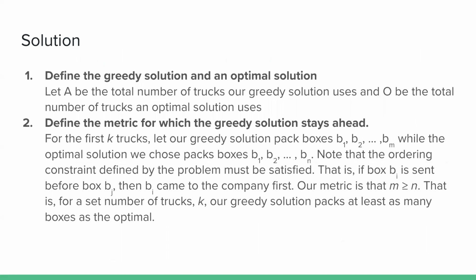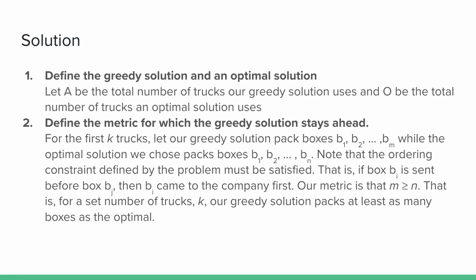So this is the metric that we went with for greedy staying ahead. A is going to be the total number of trucks that our greedy solution uses, and O is going to be the total number of trucks that the optimal solution uses. That's what we're going to use to define greedy and optimal.